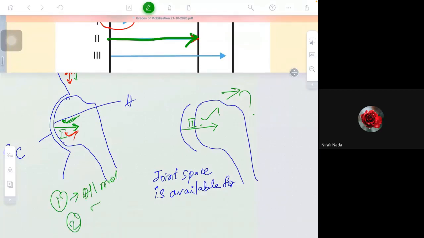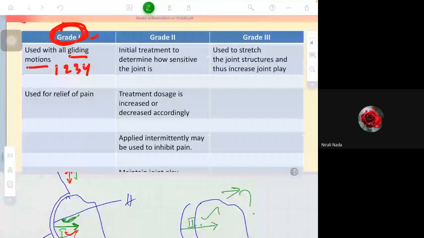You will give grade 2 distraction to determine the sensitivity of the joint. This we will discuss later. How sensitive the joint is. This point we will discuss in detail later. For now, just remember that this grade is given to find the sensitivity of the joint.